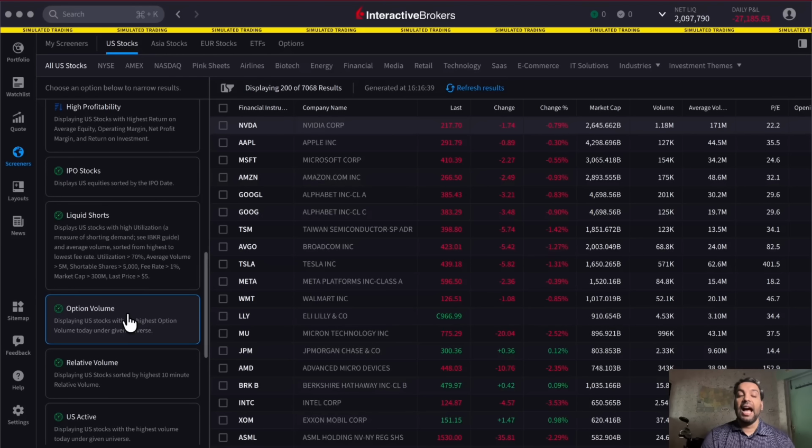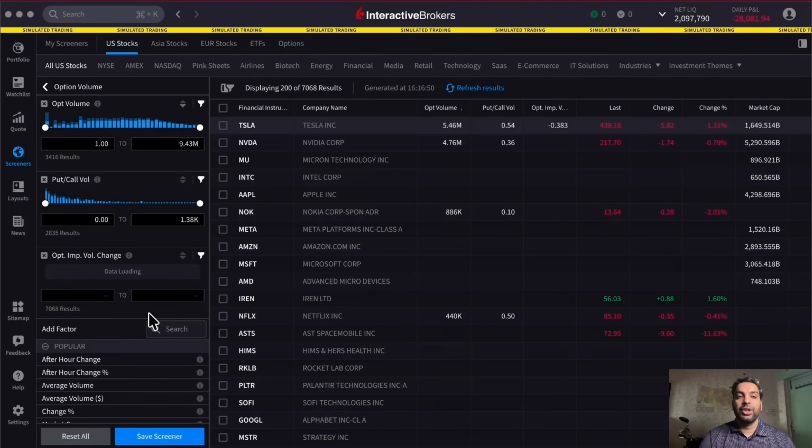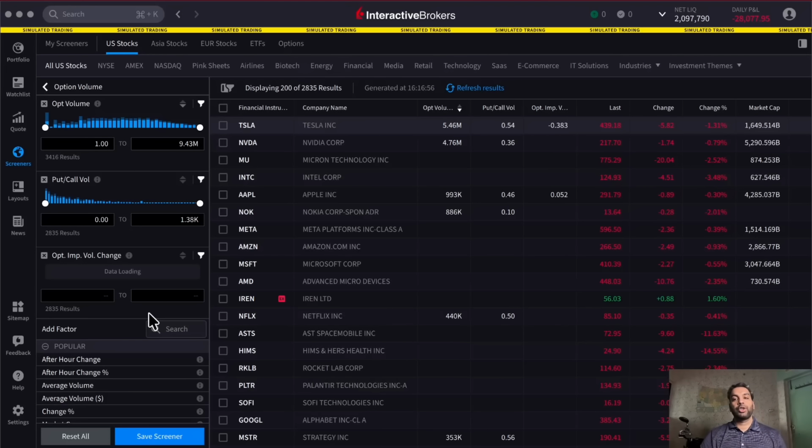And something that I really like to use when I am trading is the option volume. What this does to me as a trader, or what story it tells me, is the amount of interest that's coming into an equity. And what does interest coming into the equity mean?